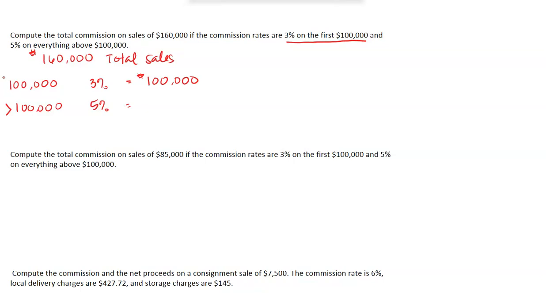And then for the 5%, I'm only going to count how much over that $100,000 that they sold. So $60,000 they'll get the 5% rate, and then at $100,000, they'll get their 3% rate.